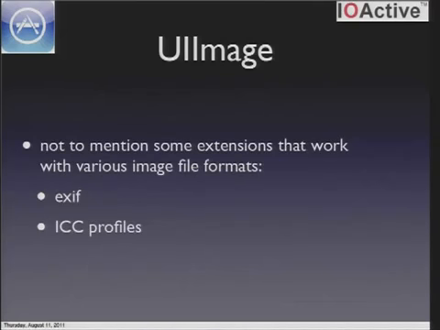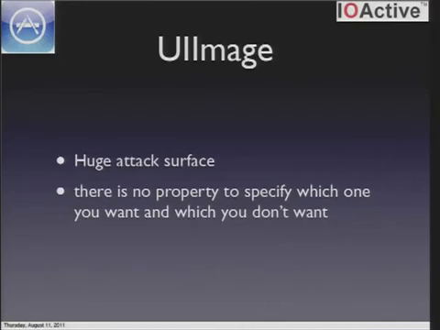Then there are also embedded formats inside these image formats, such as EXIF and ICC profiles. All of this is very hard-to-parse binary file formats, which again, we know are incredibly hard to parse, and chances are Apple screwed it up somewhere in their implementation, probably multiple times for multiple file formats.